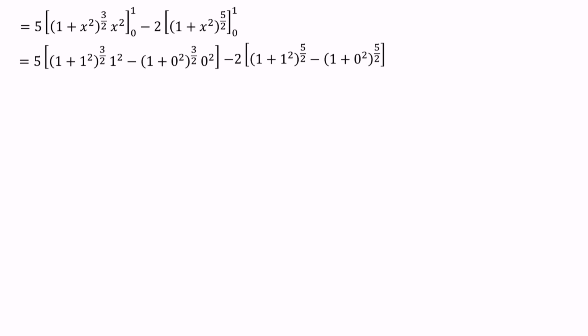Then we have 2 to the power of 3 over 2 into 1 squared, which is 1, minus 1 plus 0, 1 to the power of 3 over 2, and 0 squared is 0. 1 plus 1 squared again is 2, 2 to the power of 5 over 2. 1 plus 0 equals 1, 1 to the power of 5 over 2.